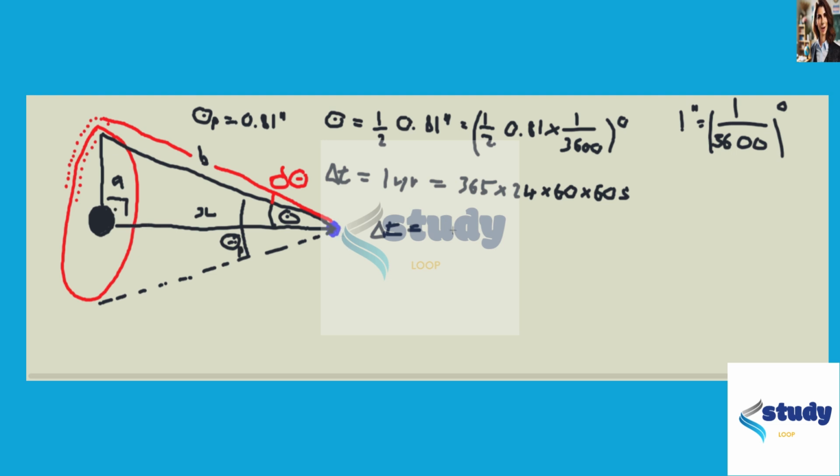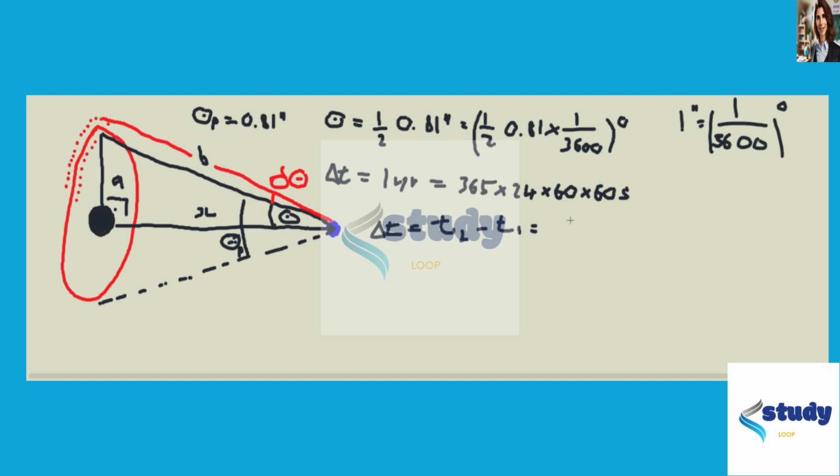So let's say this is time 2, which is the second observation, minus time 1, where time 2 is the time it takes for light to go through this path.